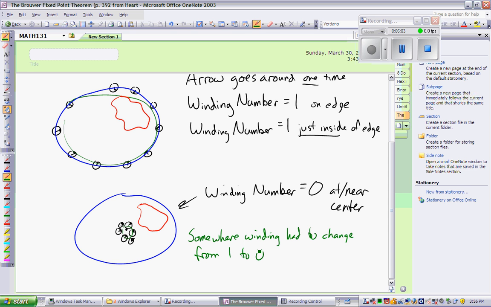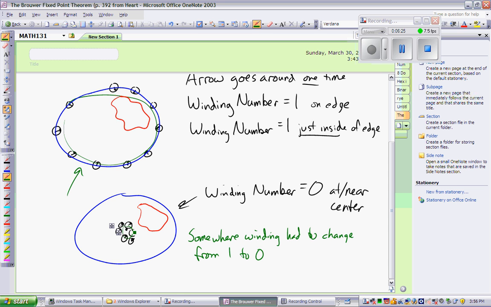So think about that. But like we talked about up here, if you just keep bringing it in, it's never going to change, because if you bring the compasses into the next point, the winding number is still going to be 1.